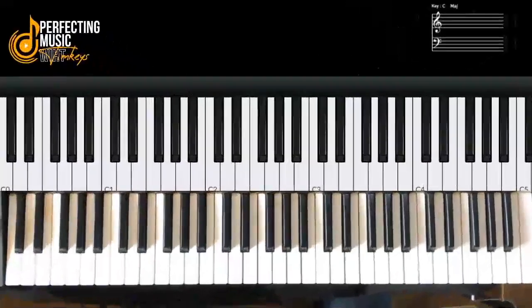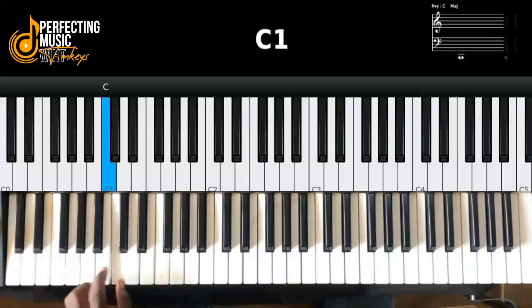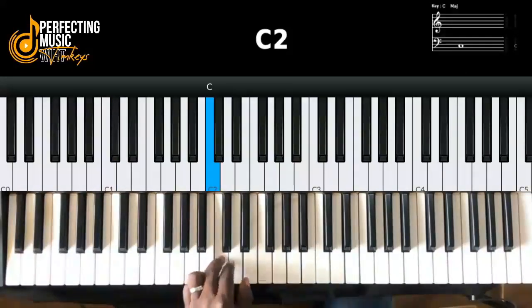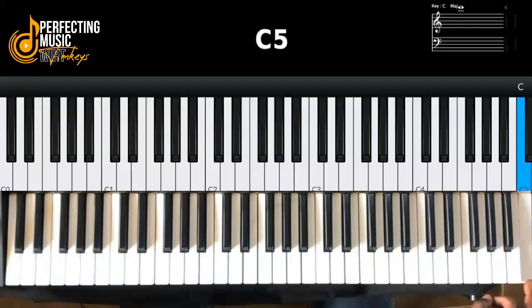Now, we are going to do a recap of all these, adding them together. We said on every two black notes, you have C. You have C, you have C, you have C, and the last C is there.